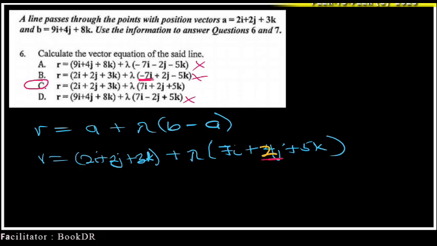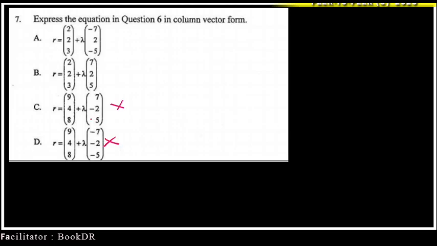Here it's supposed to be 2j because it's coming from the j component here minus the j component here. That's your 2j. So let's see whether I picked the correct answer. Yes, 7i plus 2j plus 5k. So we are expecting 7, 2, 5 in this scenario. So this is the correct answer. This one is also wrong.